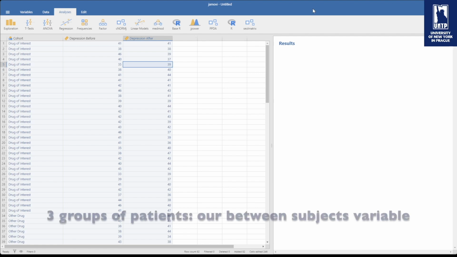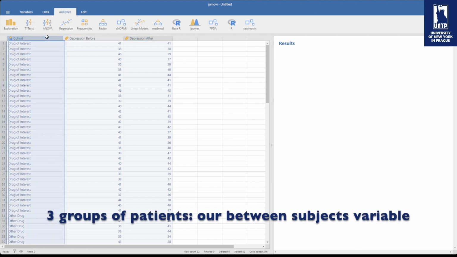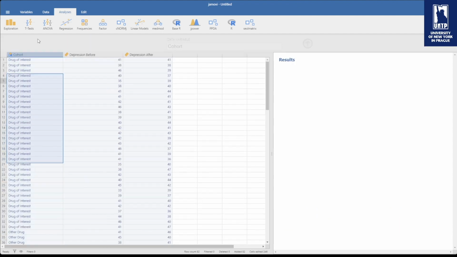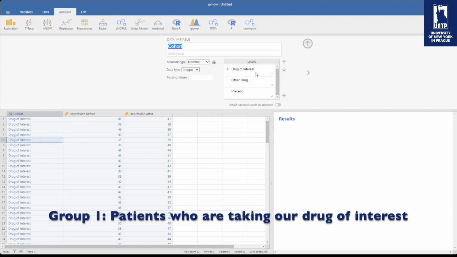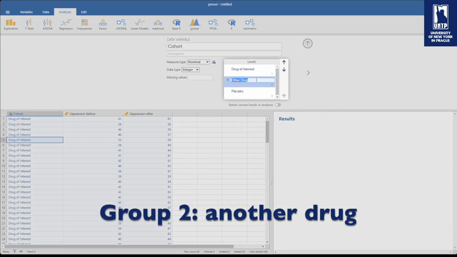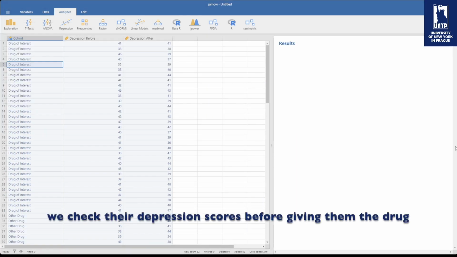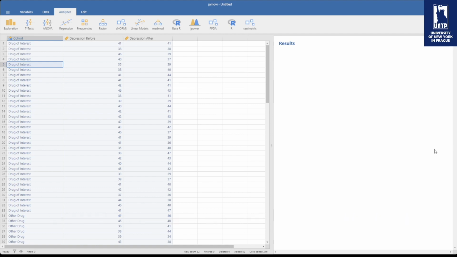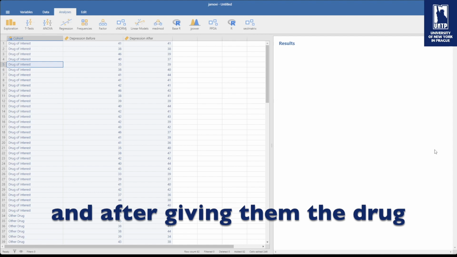Imagine we have 3 groups of patients, meaning our between subjects variable. We have patients who are taking our drug of interest, another drug, or placebo. We check their depression scores before giving them the drug and after giving them the drug.